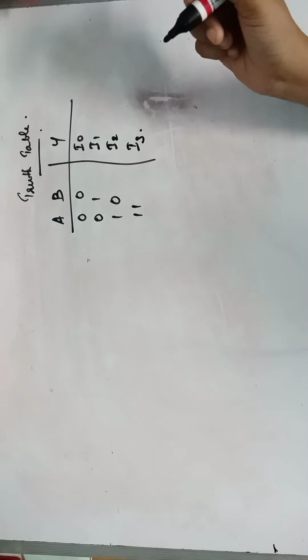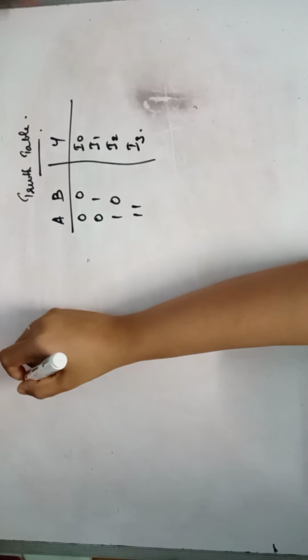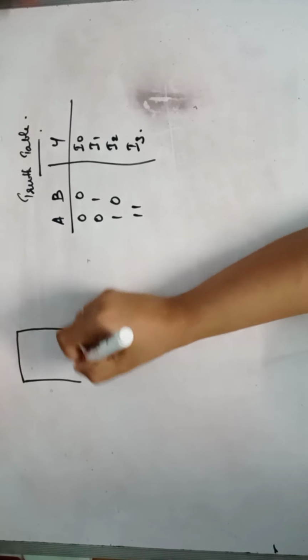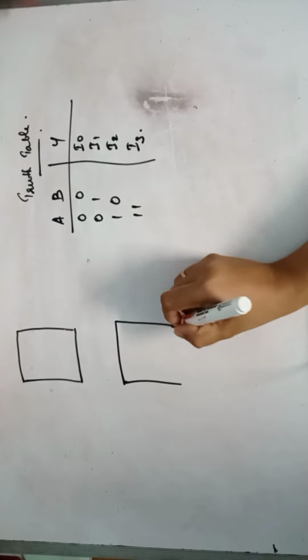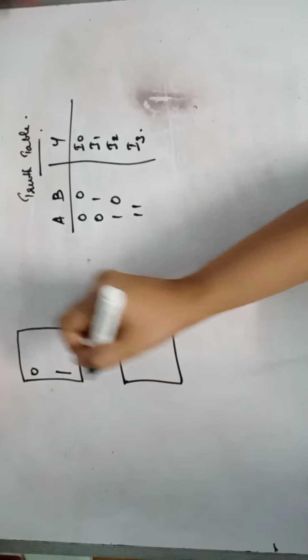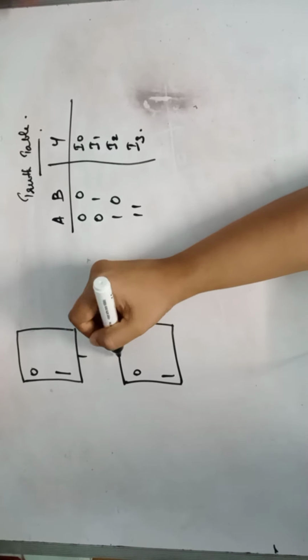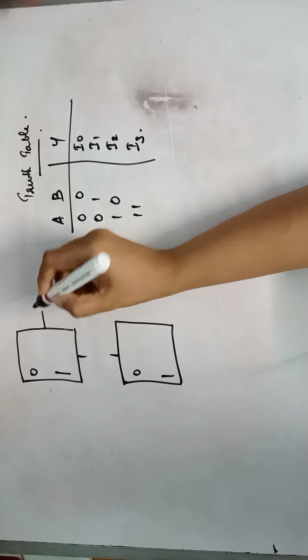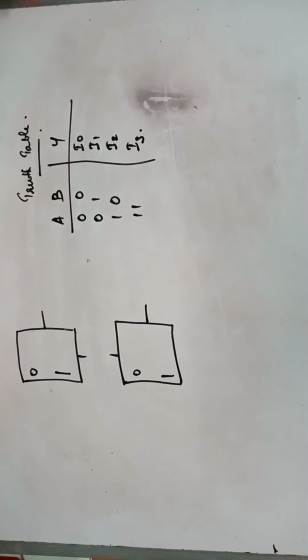So this is what I need. Now what do I have? I have two 2x1 mux ICs. So you have two input lines for each, one select line, one output line. Yes, this is what I have.